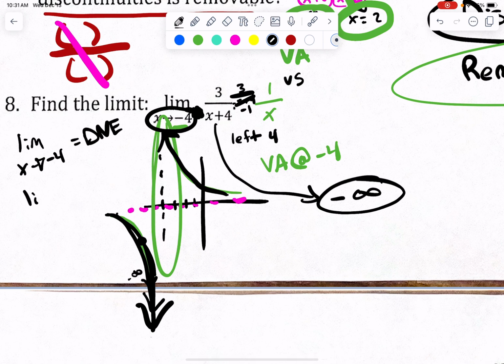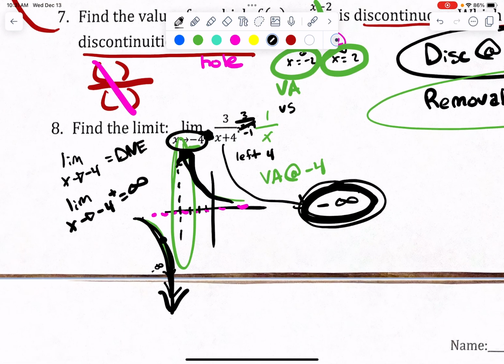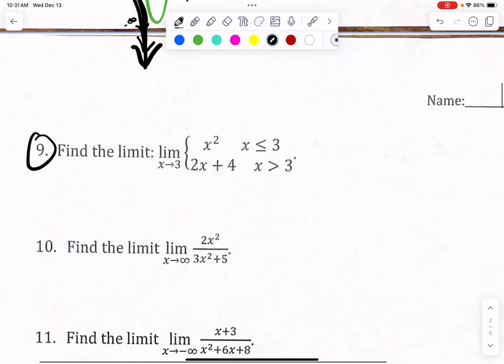If I was doing the limit as x goes to negative 4 on the plus side, he's going toward infinity. On the left side, he's going toward negative infinity, which means negative 4 both sides together does not exist. So this information you didn't need, but the only answer that you needed was negative infinity. But just to clear up some of that information, that's how that works. That was number 8. All right, let's get to going a little faster.